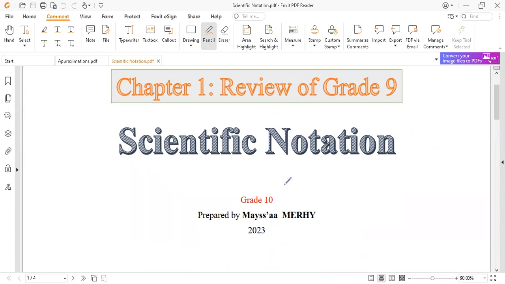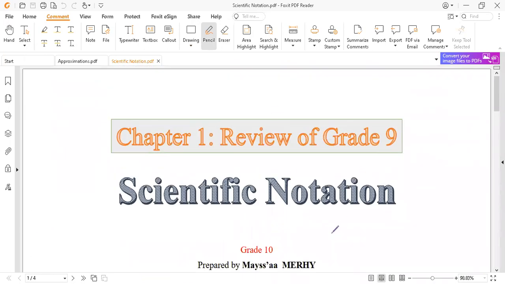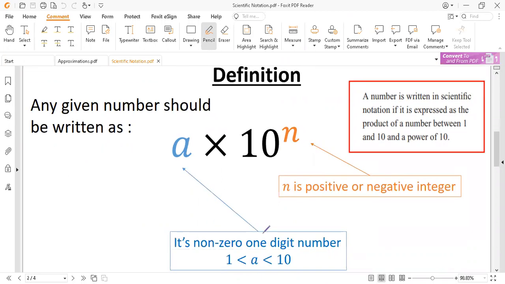As a review from the grade 9 materials, scientific notation is a way to write any big number or very small number as a multiplication of a non-zero one-digit number, a number between 1 and 10, and a power of 10.